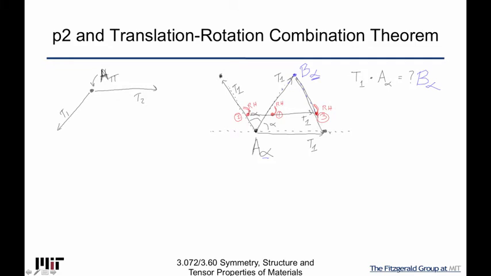And you see that makes sense, because the relationship between this motif and T1 has to be the same one as this one, right? And so all of a sudden you realize, well, this is an equilateral triangle, and if I drop this down, this must be T1 over 2, this point here.